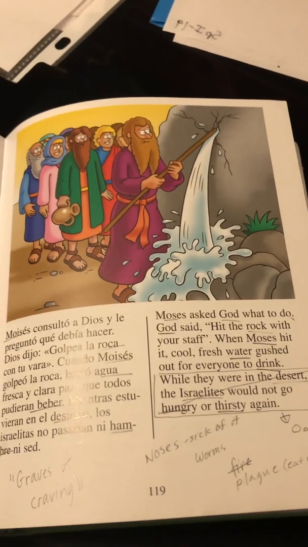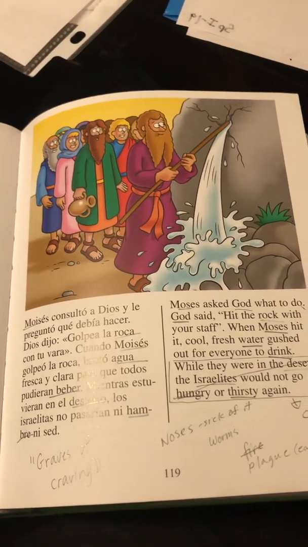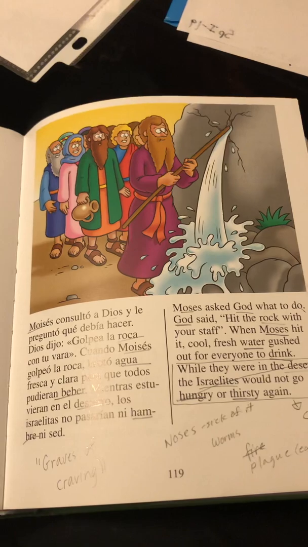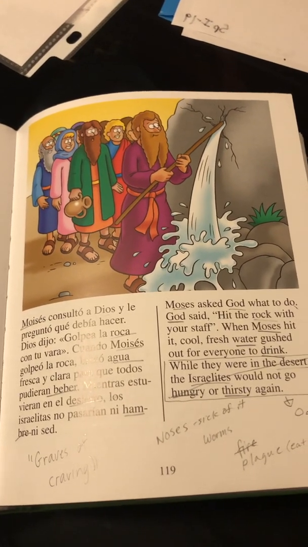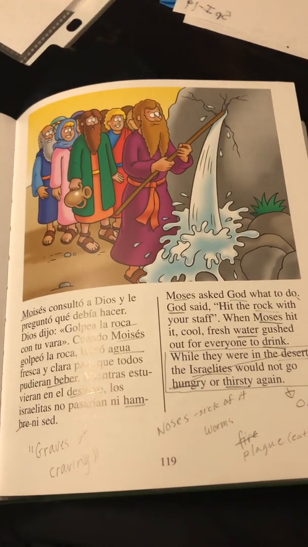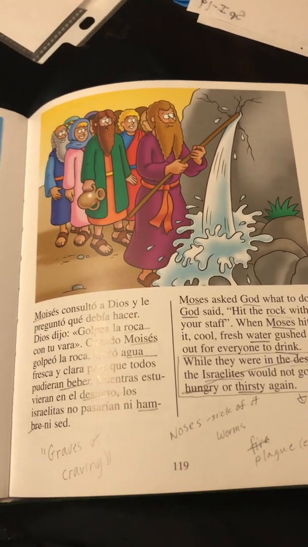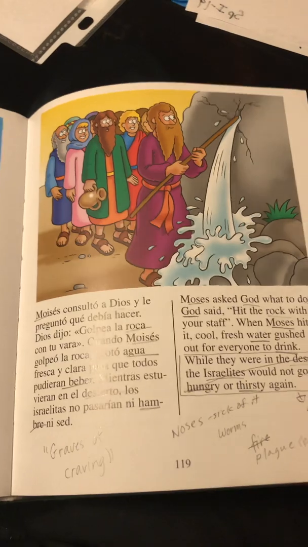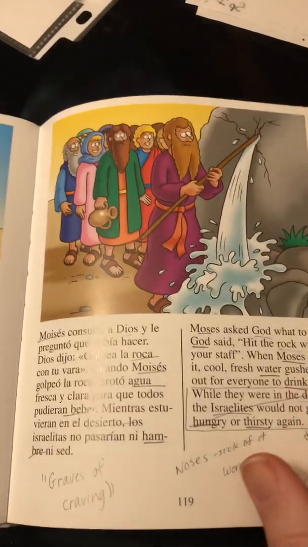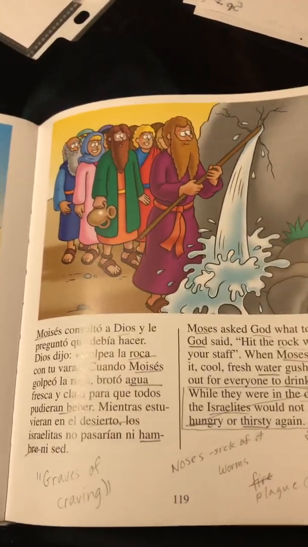The place where some of these things happened, they named it the graves of craving, because they craved certain foods and they became ungrateful just because they didn't have a certain food to eat that they used to have in Egypt. They forgot all the things he had already done for them and where he was leading them.